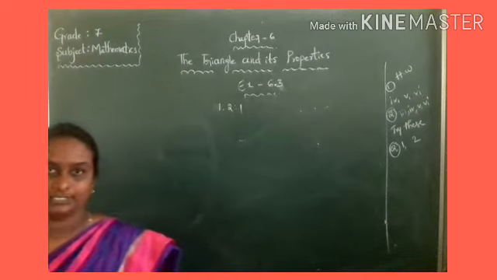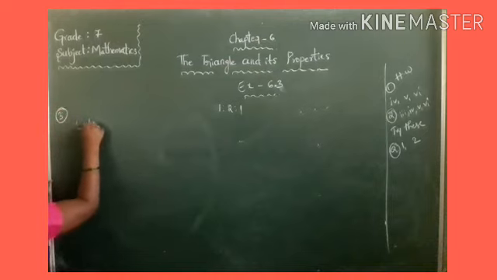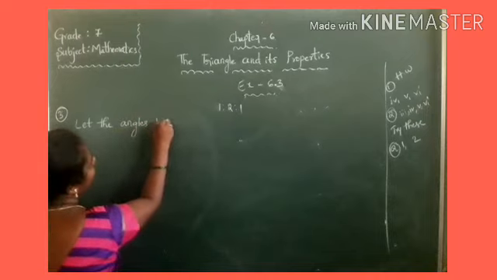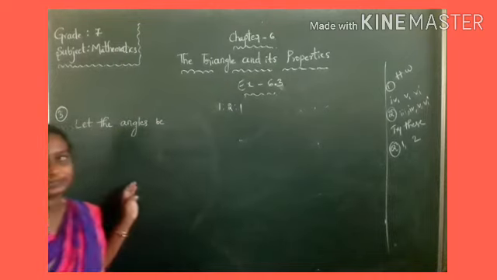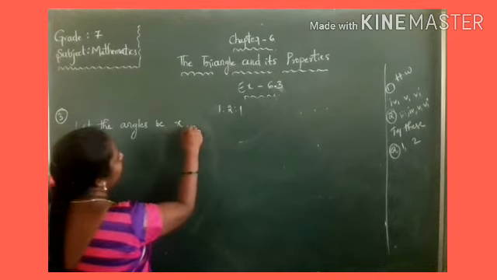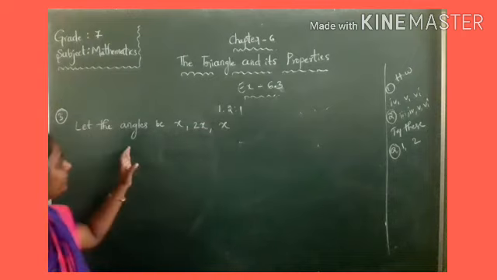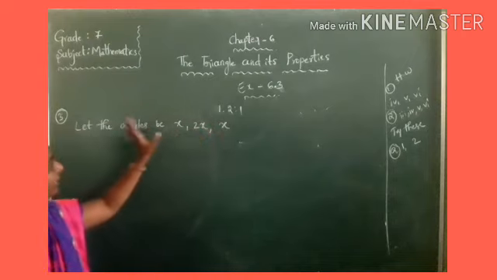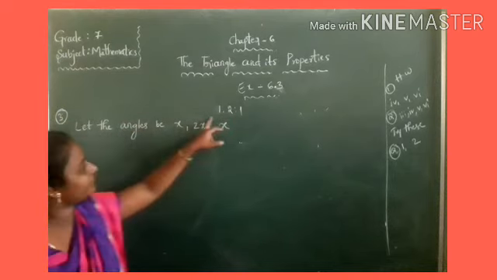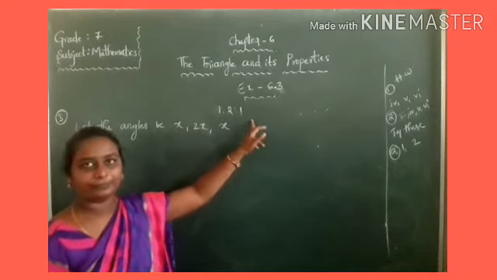You don't know the angles, so first of all, let the angles be x, 2x and x. In a triangle, the angles are in the ratio 1:2:1, so you have to find these three angles.